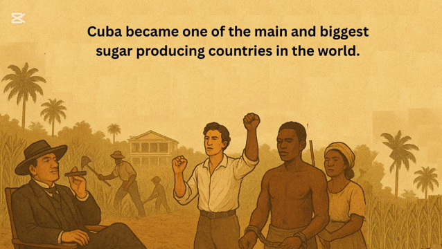Great minds, by the 1800s, Cuba was the sugar king of the world, making plantation owners extremely rich. But the wealth was built on the suffering of enslaved people.